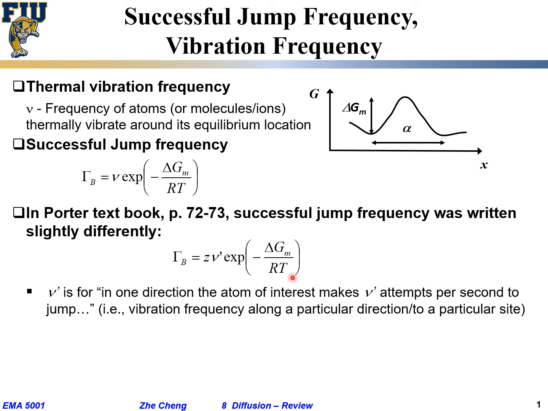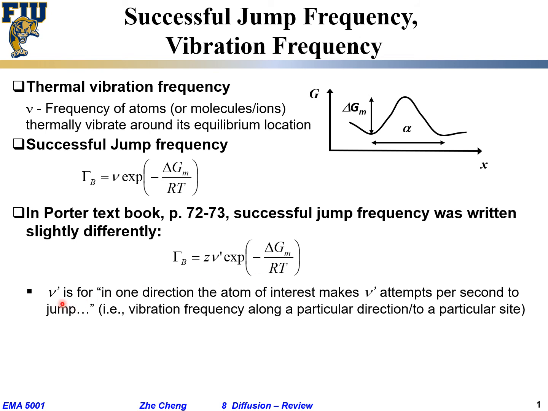According to the textbook, they define mu prime for one direction. Along one direction, the atom of interest makes mu prime attempts per second, the frequency for that atom to move along a particular direction or to a particular side.